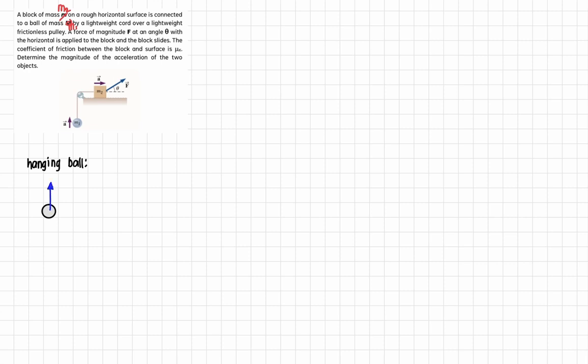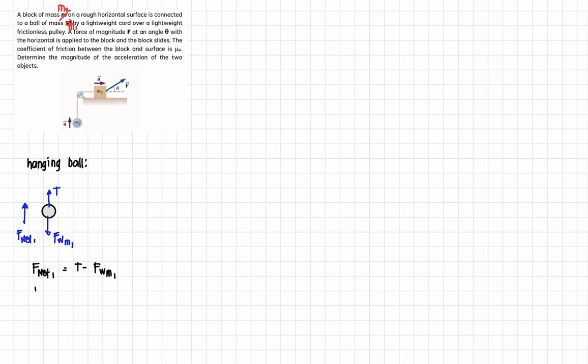So for the hanging ball m, there is a tension directed upward, and there's the weight of m sub 1, and it will accelerate upward. So the net force is directed upward, F net 1. So making an equation, F net 1 is equal to the tension minus the weight of m1.